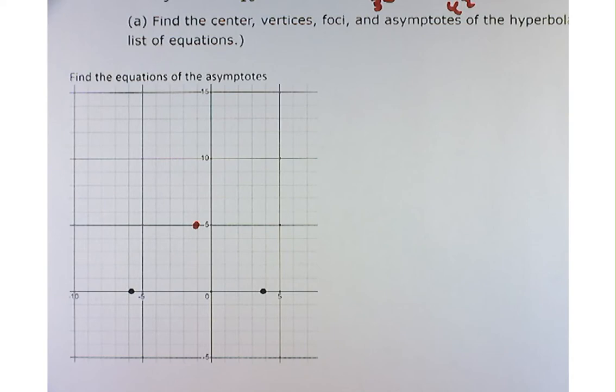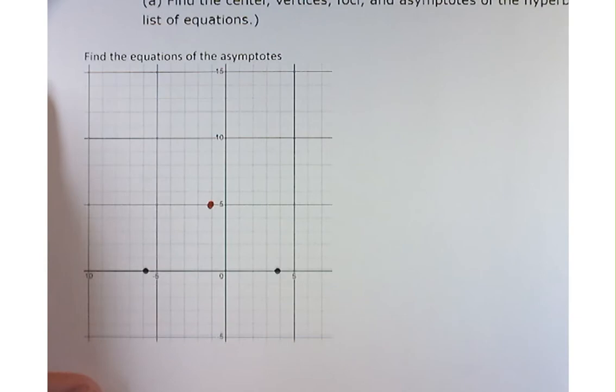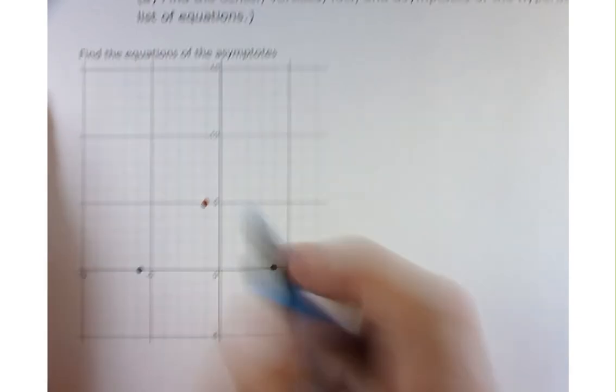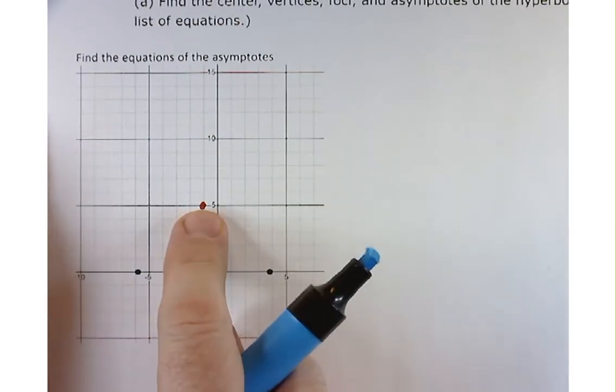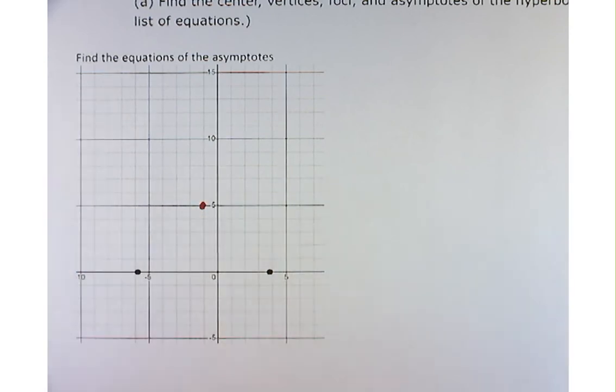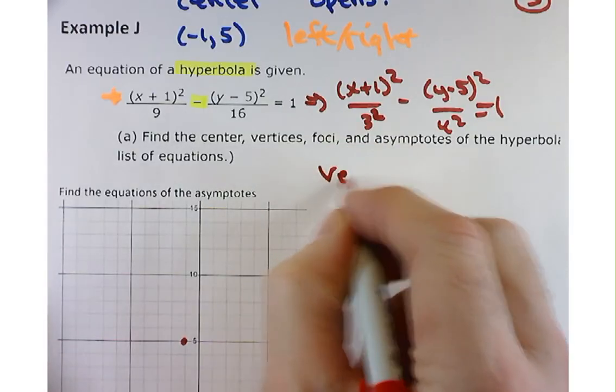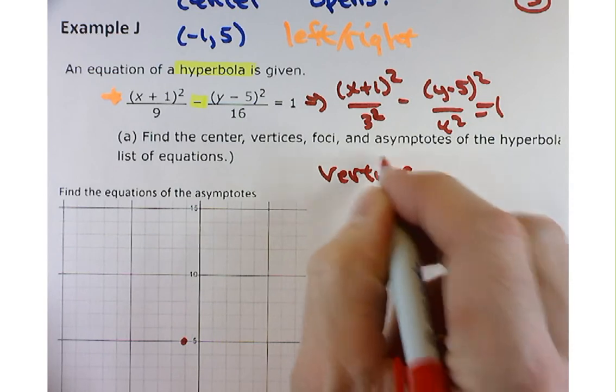Let's see. So this is going to open left and right. That means in the x direction I'm going to have my vertices. So let's see here. How far do I have to move away from this to find my vertices? Away from the center. How far away from the center am I going to move? 3.